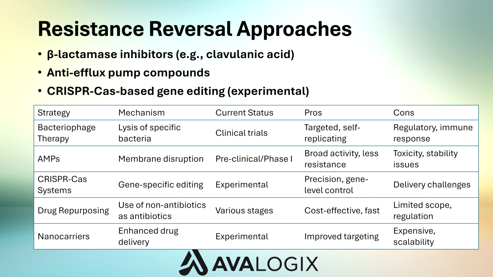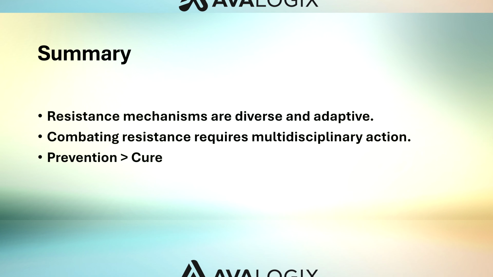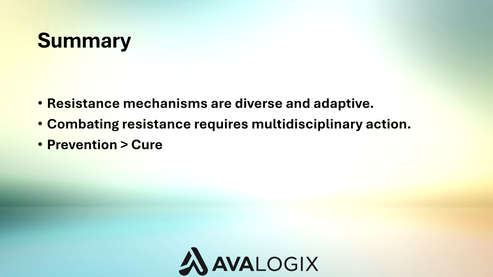Finally, microbiome restoration using probiotics or fecal transplants may outcompete resistant pathogens in the gut, especially after antibiotic therapy. These approaches are still in development, but they highlight an important shift from playing defense to going on the offensive against resistance.